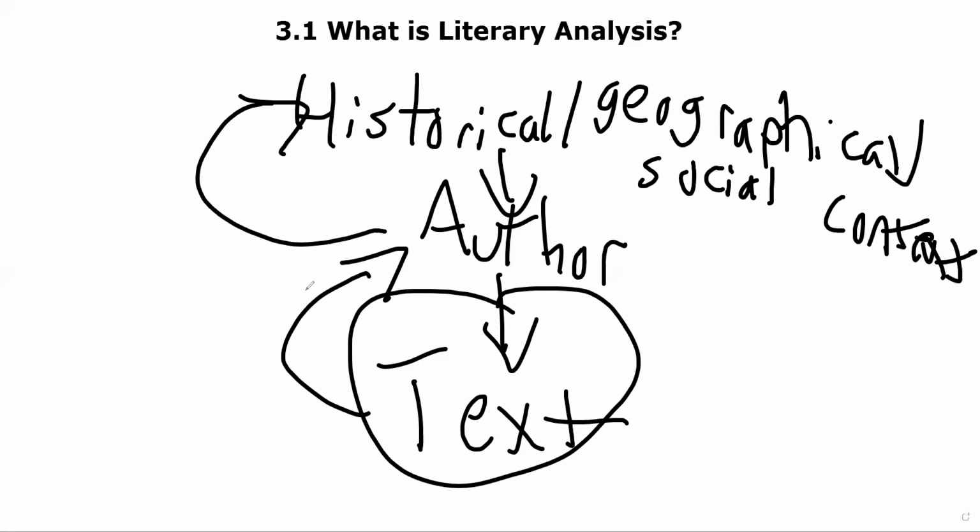So we look at the particular circumstances that birth the author, and then by looking at the author, we can figure out how the text came about. So by analyzing a text, by analyzing literature, we can reverse engineer the creation of the author, and by reverse engineering the creation of the author, we can understand in much greater detail and specificity the circumstances from which the author emerged, his or her particular context.